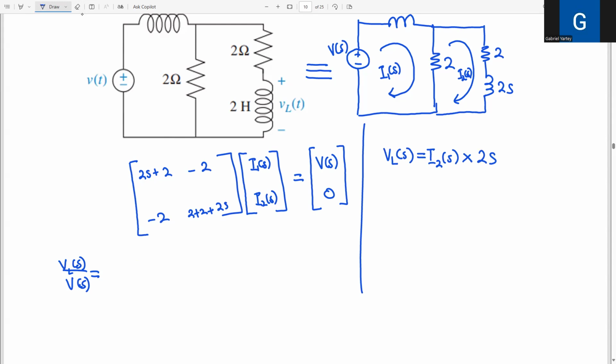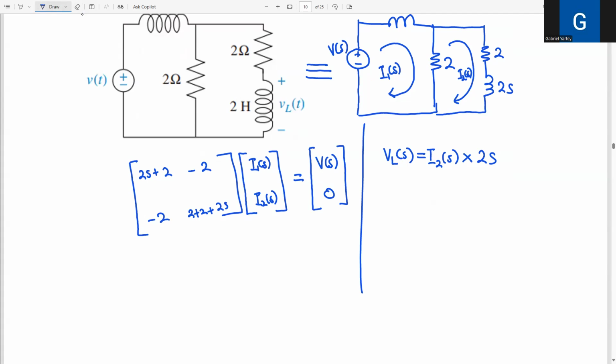Now, there are several ways you could use to find your I2 of S that you are looking for. But I'd advise you to use Cramer's rule. Cramer's rule is simple, right? It says that if you want to find a particular variable, you take that variable.